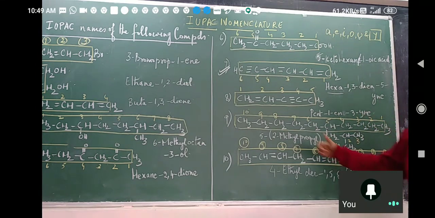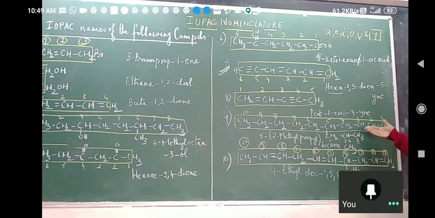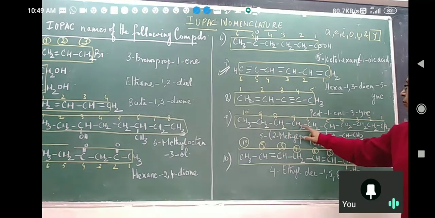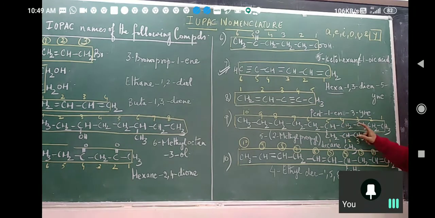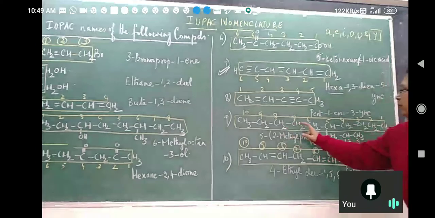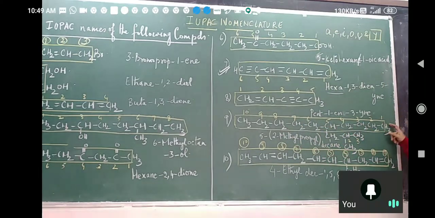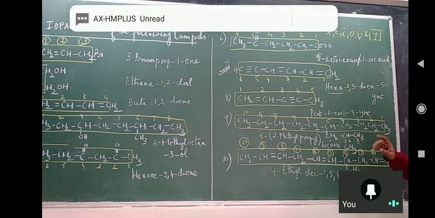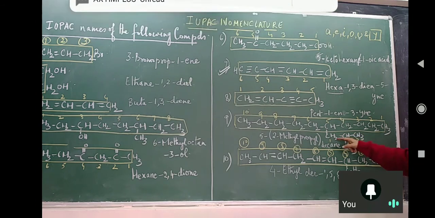Right? Now come on to the ninth one. We have got 1, 2, 3, 4, 5, 6, 7, 8, 9, 10. What is the root word? Okay, here, 1 minute. There is a side chain also here. Isn't it?